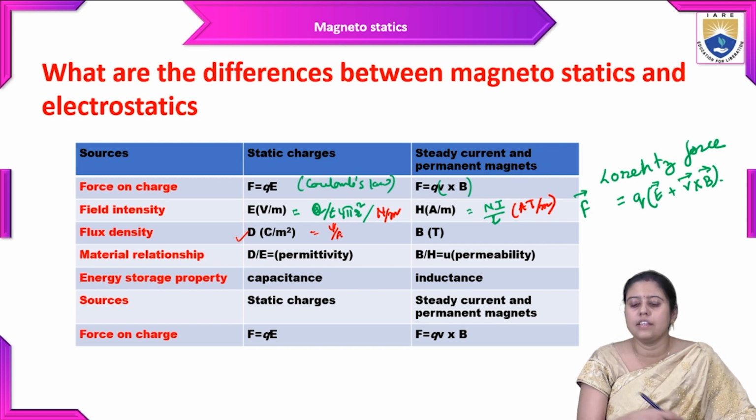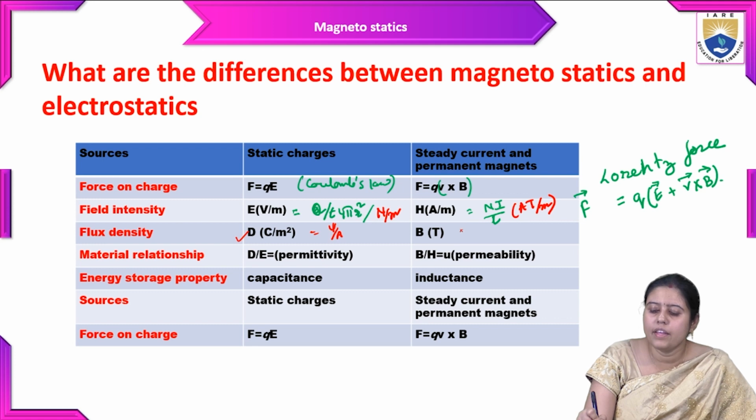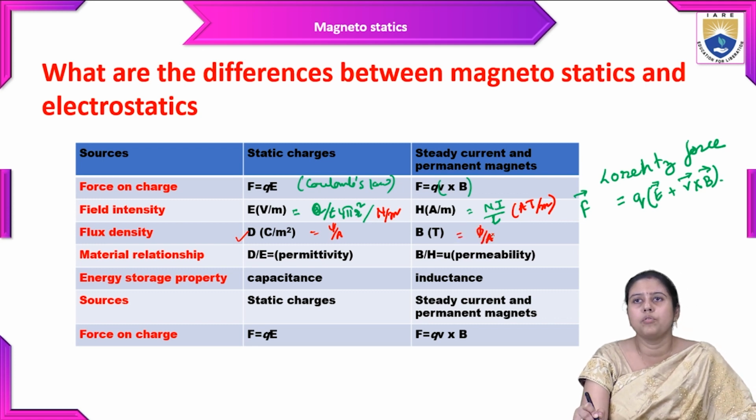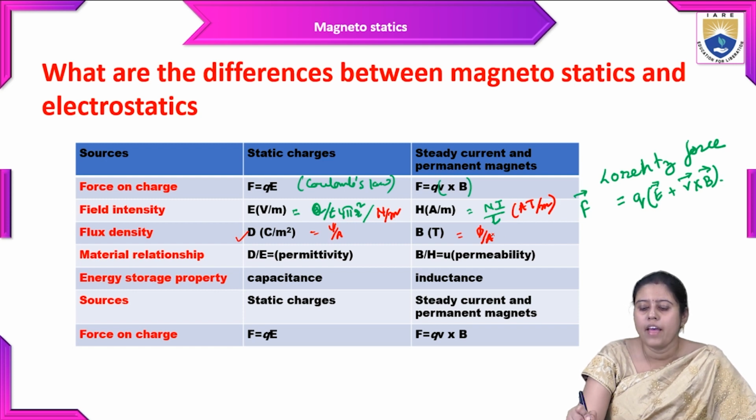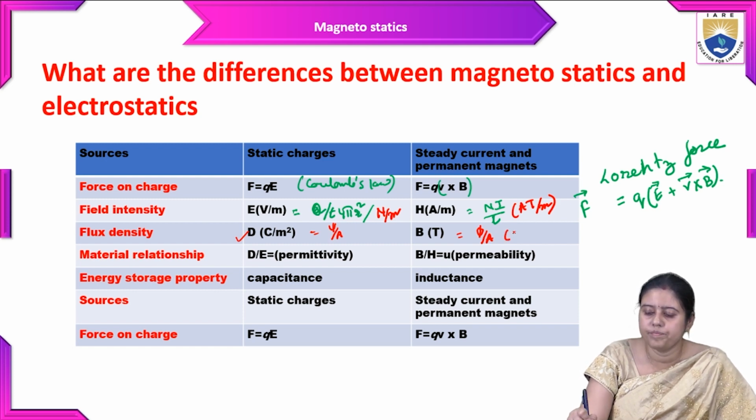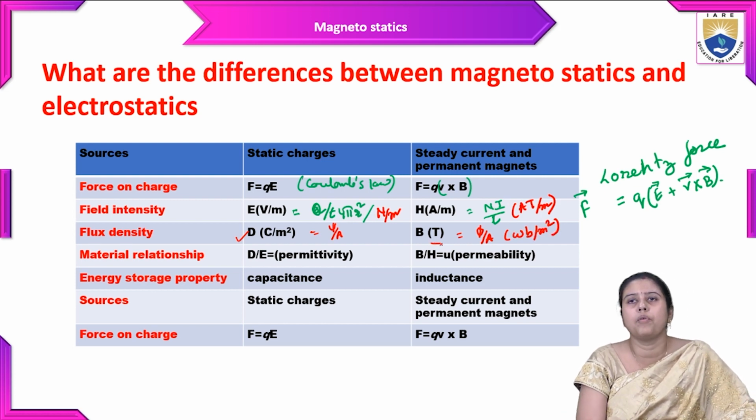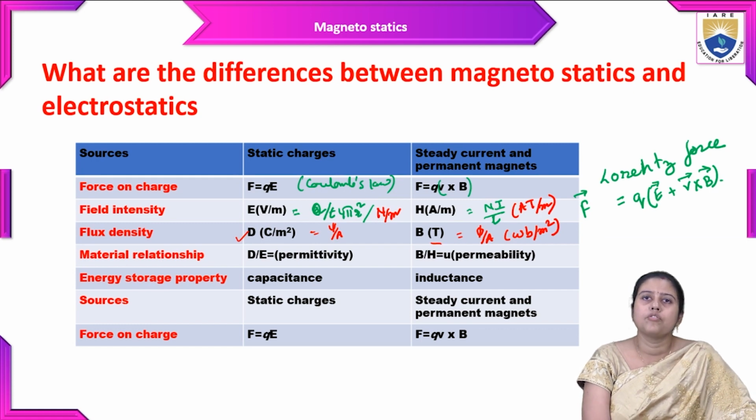Magnetic flux density is B. B is equal to phi by A, flux per unit area, and we write the unit as Weber per meter square, or in one word, Tesla. So magnetic flux density is measured in Tesla.